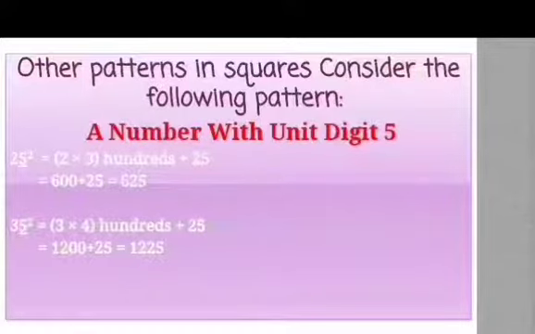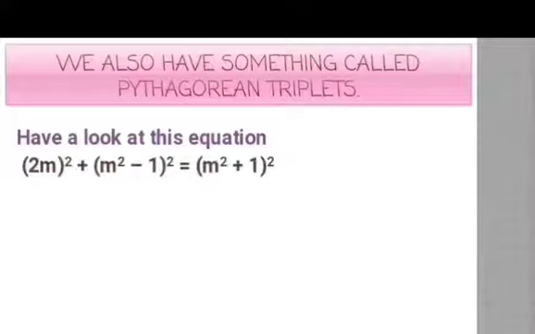It becomes 1200 plus 25, which is the square of 5. After adding them, I am getting 35 squared equals 1225.